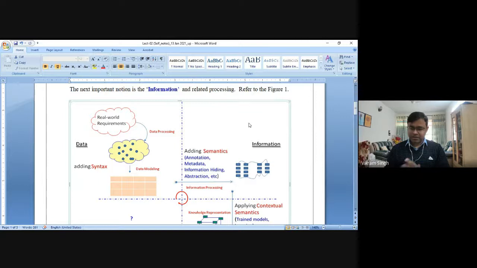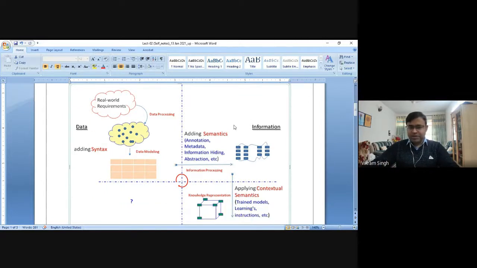So we will be taking an example for this. Here you can see in the second quadrant, if we have data as input and want to generate information as output, you will be applying some kind of meaning, some kind of additional data, in a very plain way.